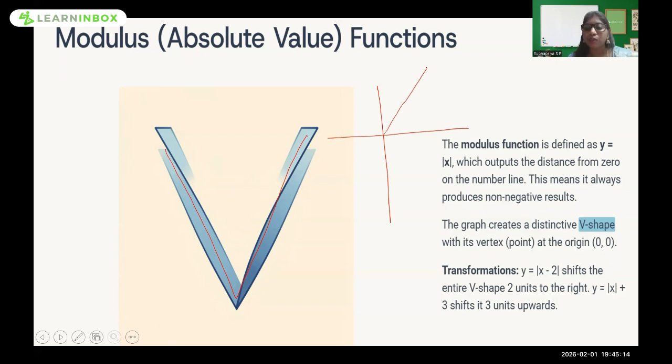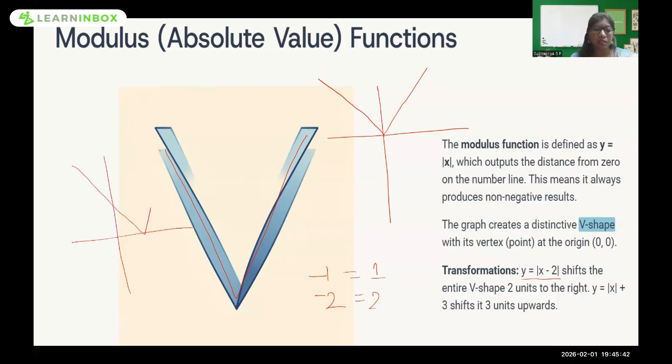And for -1, -2 also, you'll be getting the values 1, 2, 3, etc. Thus, the graph will be like this, thus forming a V-shape. So we are saying it as a V-shaped function and thus it is called the absolute value function also. So see this example, y is equal to modulus of x minus 2. The graph will be like this and this point will be your 2.